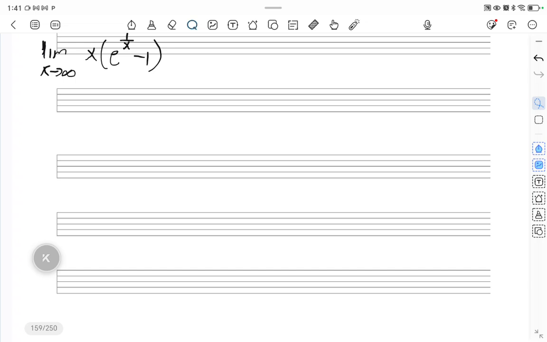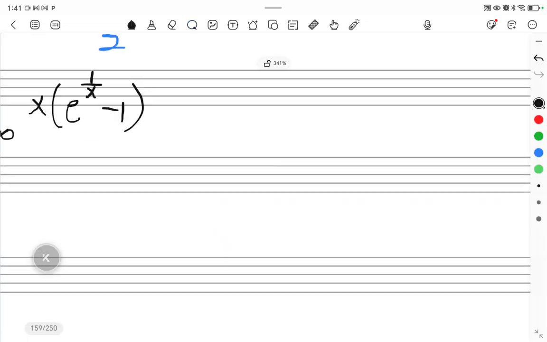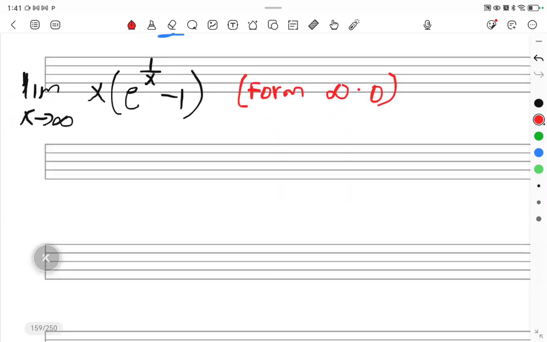Then first we check the form. We realize that the form here is infinity times 0. So when you get infinity times 0, we know that we're supposed to take something to the denominator. And you always take the one that is easier to derive.